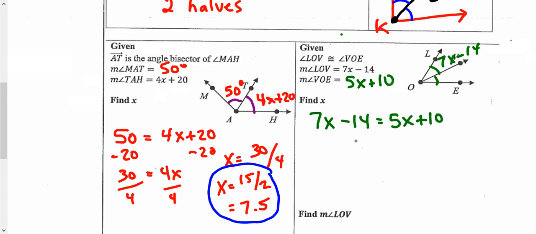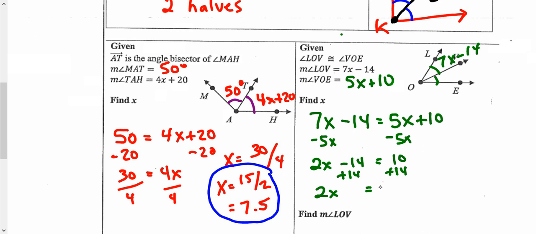So I'll go ahead and subtract the 5x. I get 2x minus 14 equals 10. Then I add 14, and I get 2x equals 24. That gives me an x equal to 12.